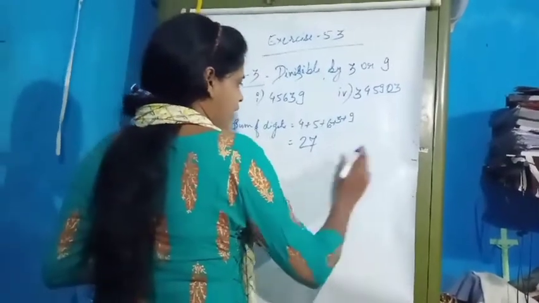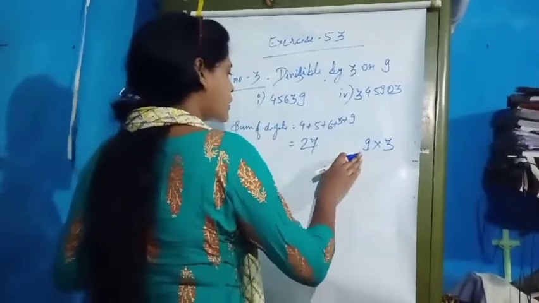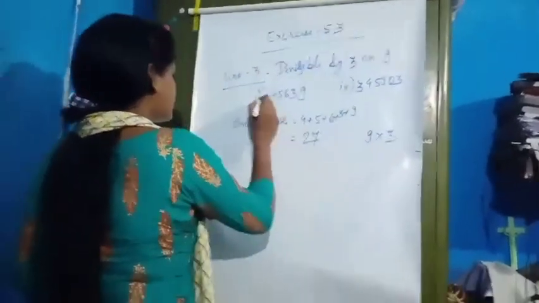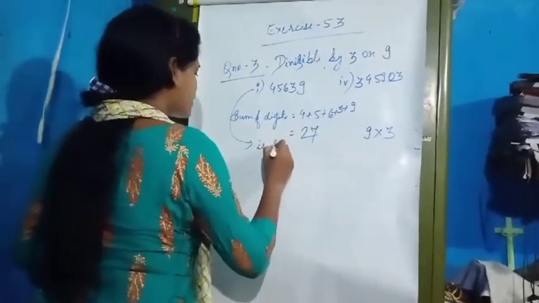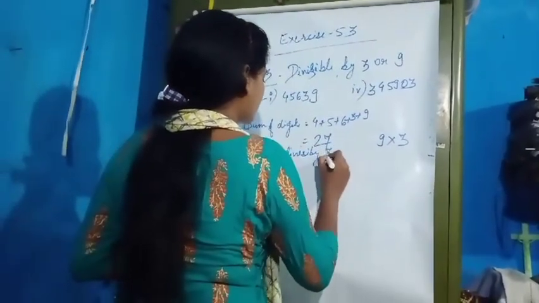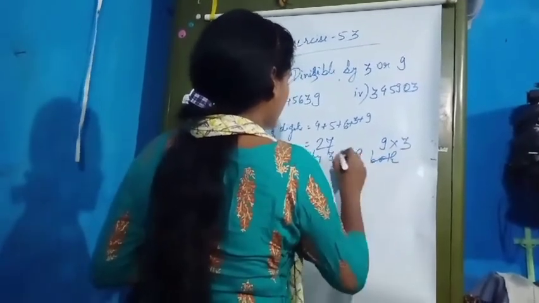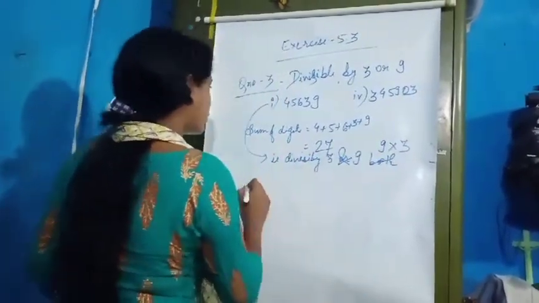You can see that it is 9 into 3. So it is divisible by 9 and also by 3. So this number is divisible by both 3 and 9.